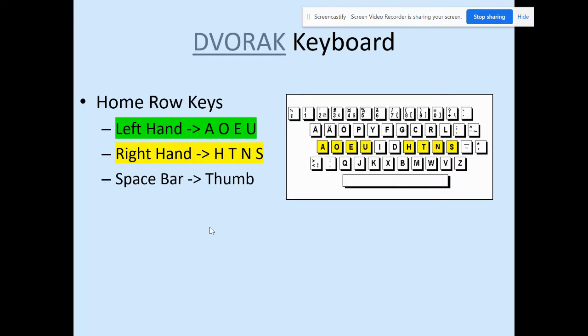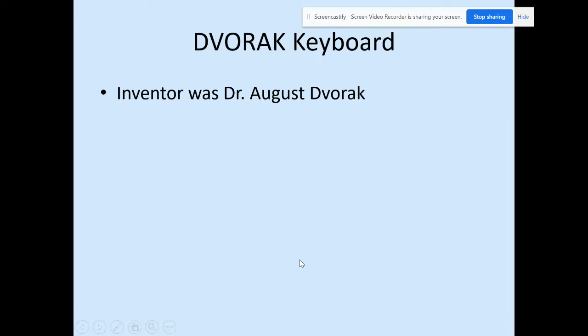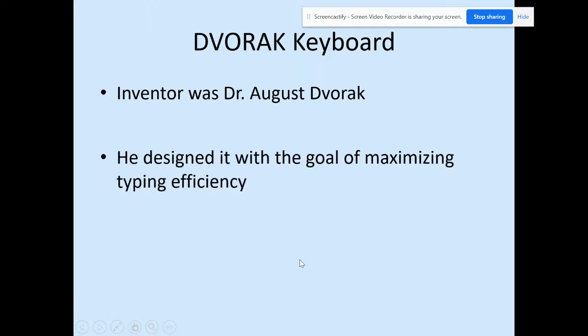Notice home row is in the same place, but the letters are different on the Dvorak keyboard. We have the A, O, E, U, and the H, T, and S. So why did he develop this? Well, and who is he?